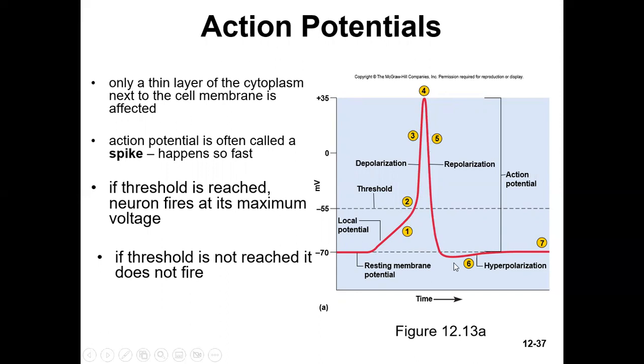Repolarization happens, so we can reinstate that negative charge potential on the inside of the cell. Again, that hyperpolarization is kind of an overshoot, but that's okay. The gates will allow some sodium to move in and out, and then we will resume our regular action potential. If threshold is not reached, it will not fire.